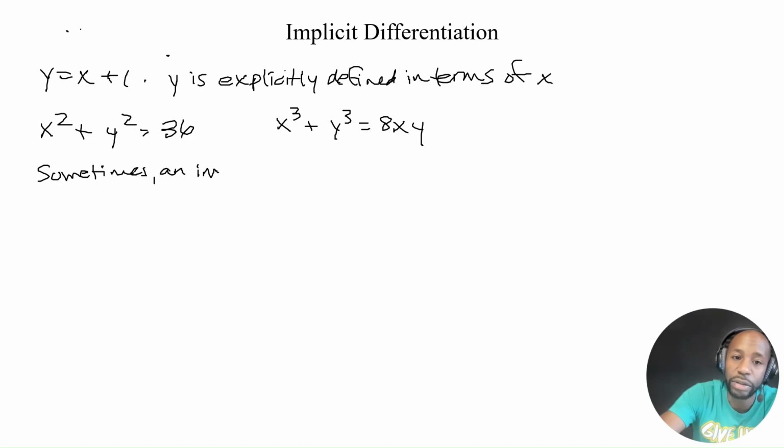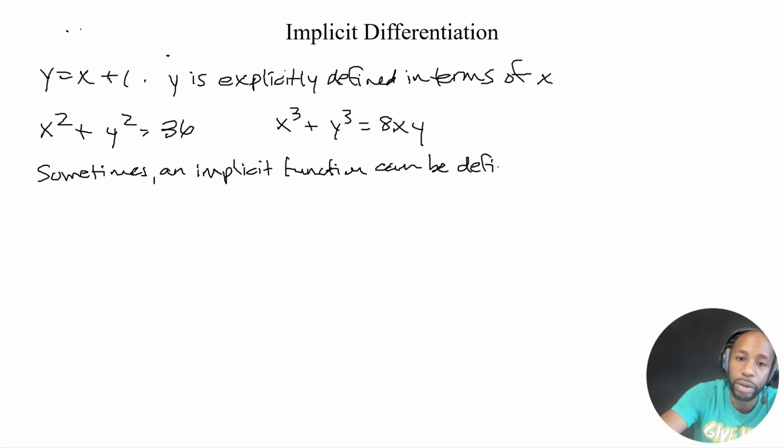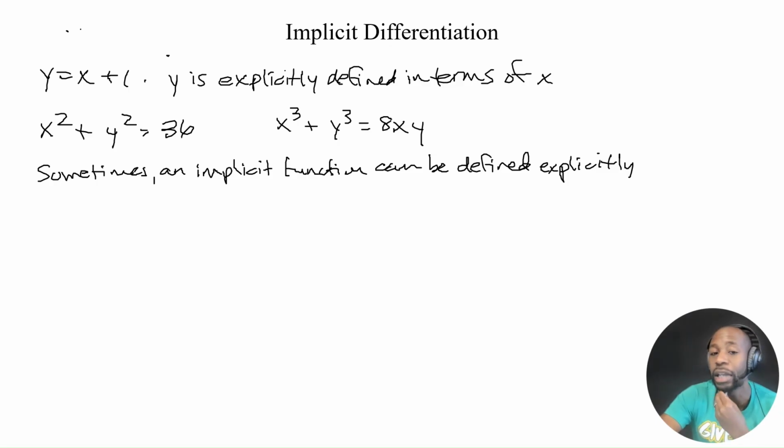So for example, if you look at x squared plus y squared equals 36, to define it explicitly means you solve it for a variable. You can solve this for a variable pretty easily.